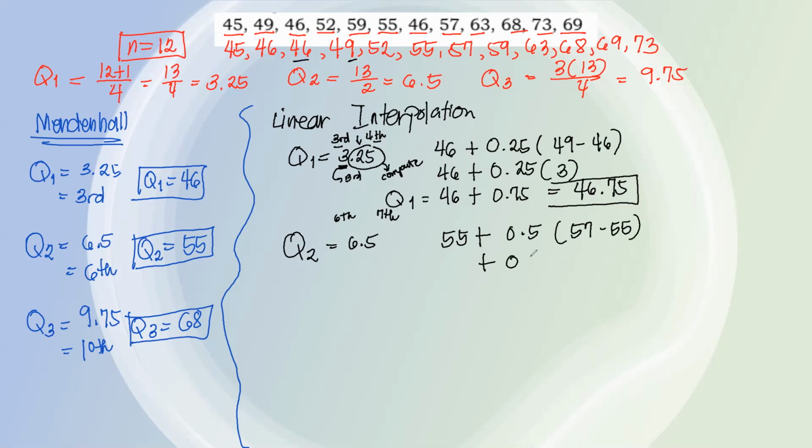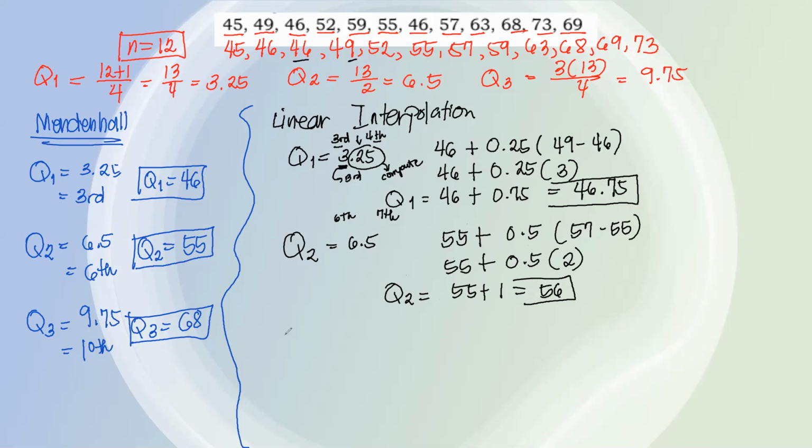And as you can see, ang difference ng 57 and 55 is 2. So, pag kinuha na natin yung second quartile, that is 55 plus 0.5 times 2, that is 1. So, we have 56.